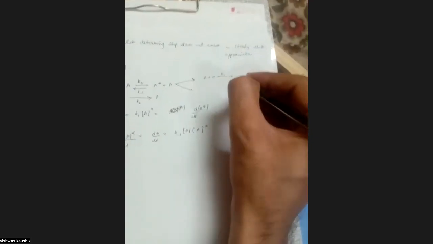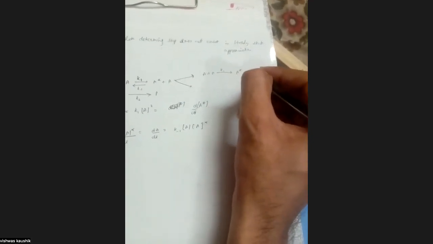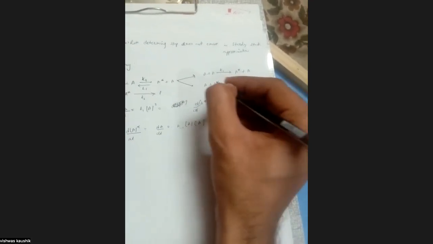So if I write it in two forms, A plus A, K1, A star to A plus A star will give me A plus A. First equation, second equation, and this is the third equation.